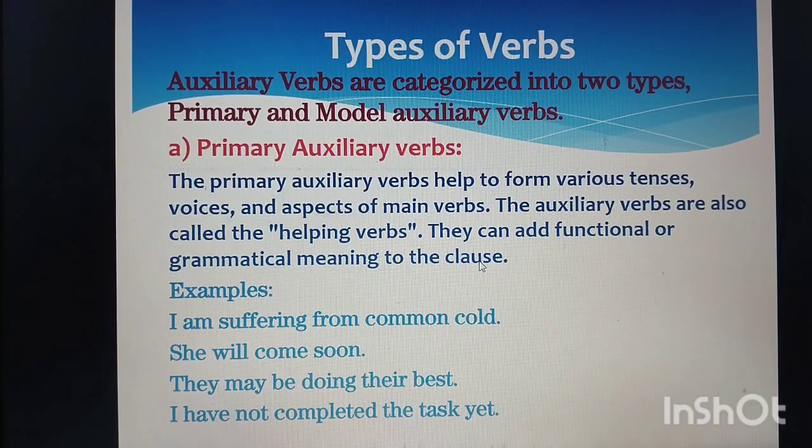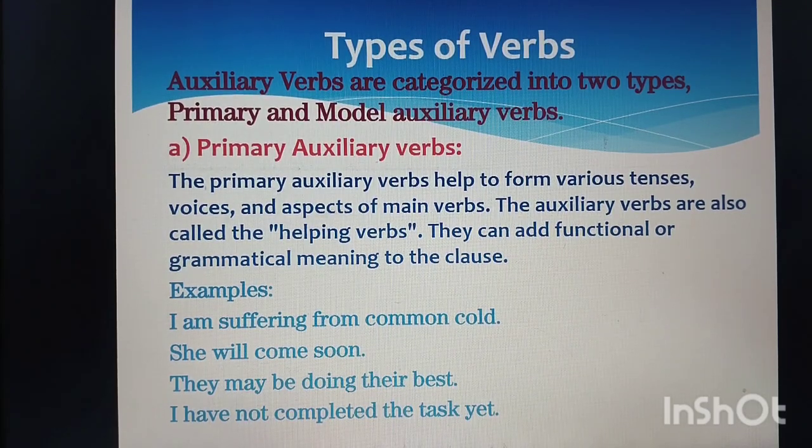So this definition says that primary auxiliary verbs basically help the main verb. They can help the main verb in various forms, various tenses, voices. That's why it can be called a helping verb.